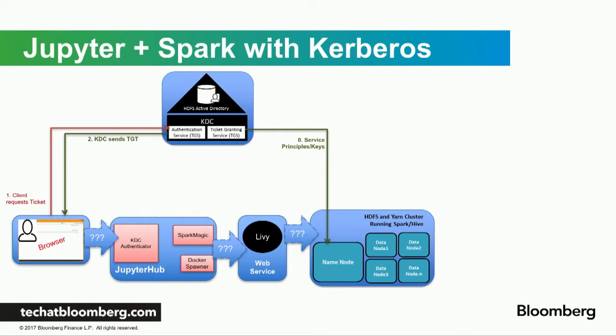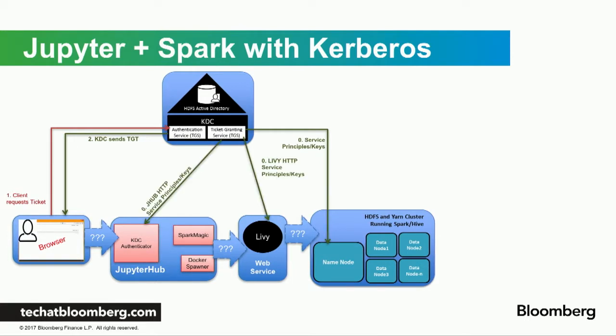One other point I would like to highlight is that because JupyterHub and Livy are running on different nodes, I can scale them independently. For example, if I need to support multiple Hadoop clusters to run my notebook, I can run multiple instances of Livy, each pointing to a different Hadoop cluster.